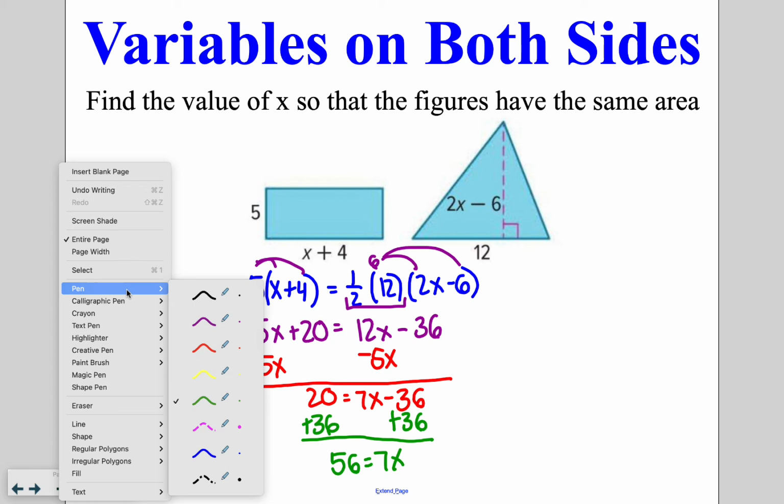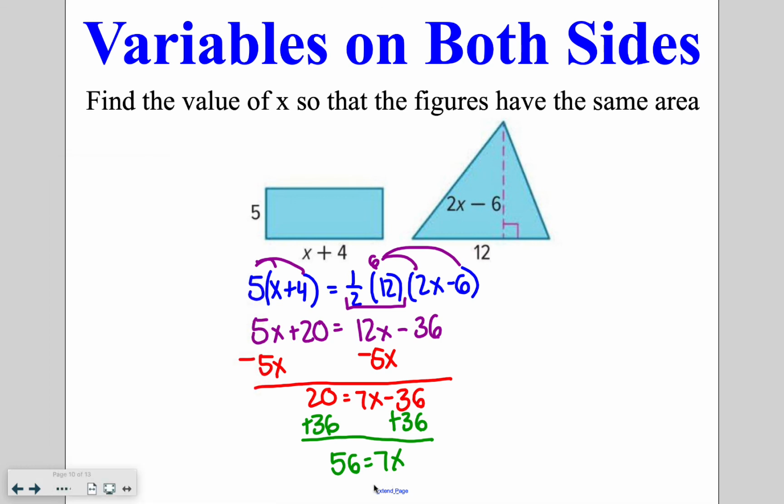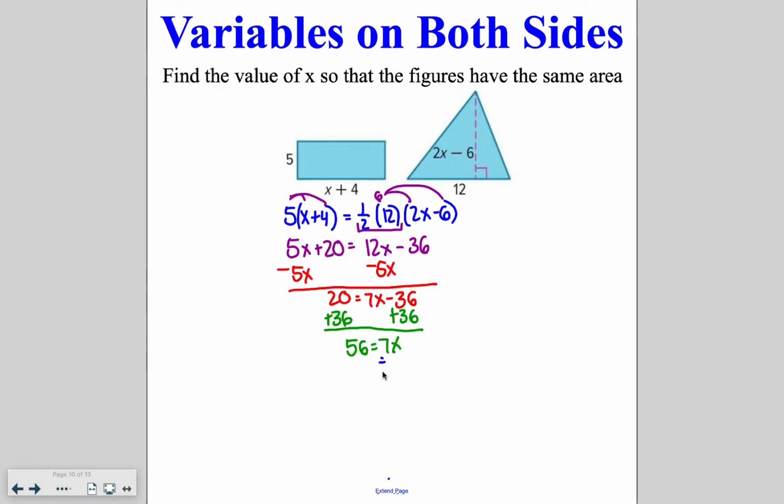And when I finish by dividing by 7 on both sides, I get an answer of 8 is equal to x. In this case, it doesn't give me an actual label. If it gave you a label such as 5 inches or 5 feet or whatever it is, you're going to want to make sure you include that label in your problem.